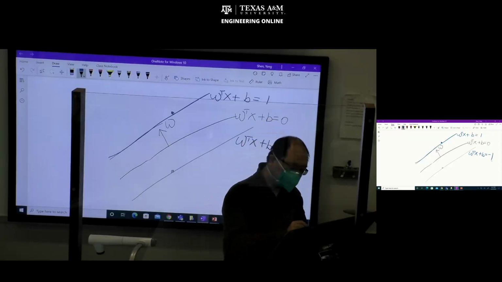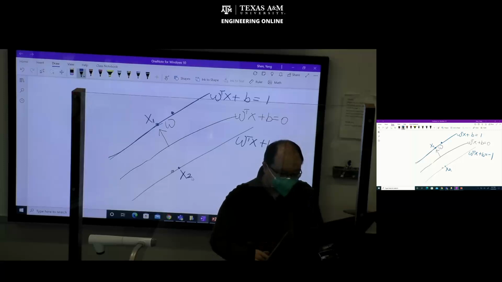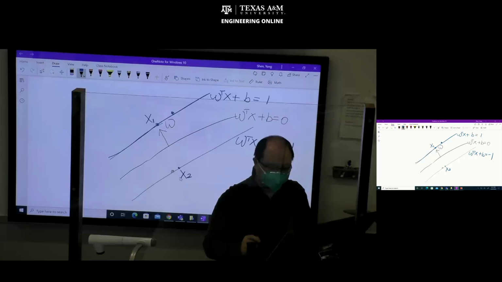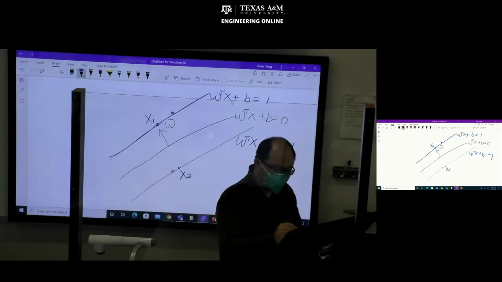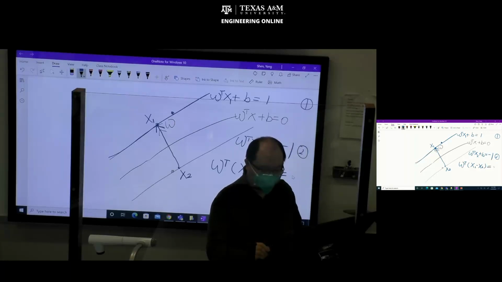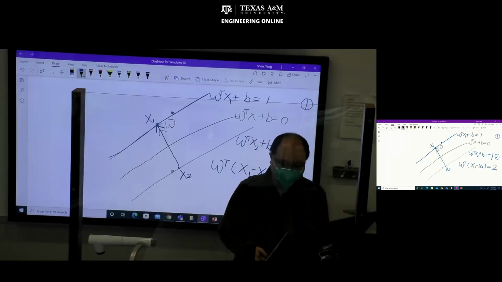So if you have one point here, let's say x1, and you have another point x2, and this is your w, then you take the subtraction, you have w transpose times (x1 minus x2), the vector pointing toward x2, equals 2.